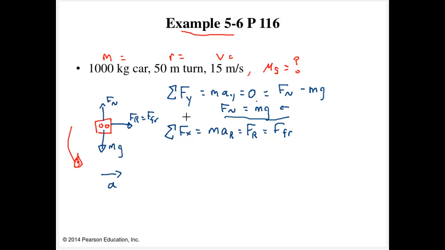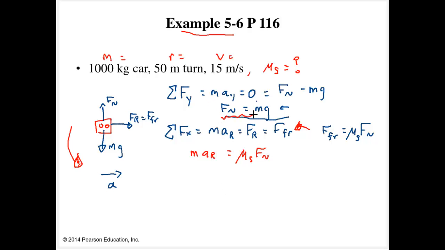Now, we know what the force of friction must be. We know that the force due to friction must be equal to mu sub s multiplied by the normal force. So I'm going to plug that in right here, and I'm going to say that the mass times the radial acceleration must be equal to mu sub s multiplied by the normal force.